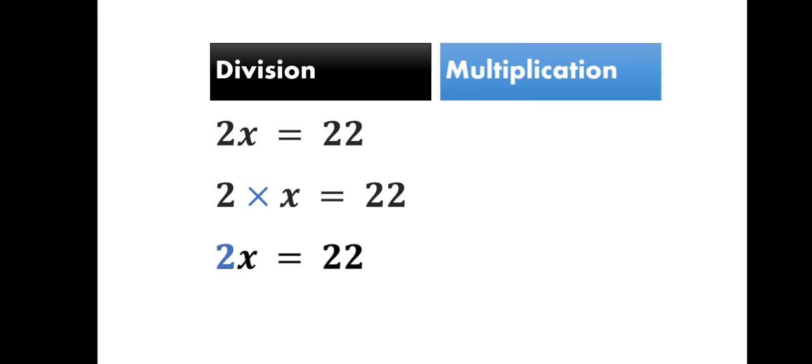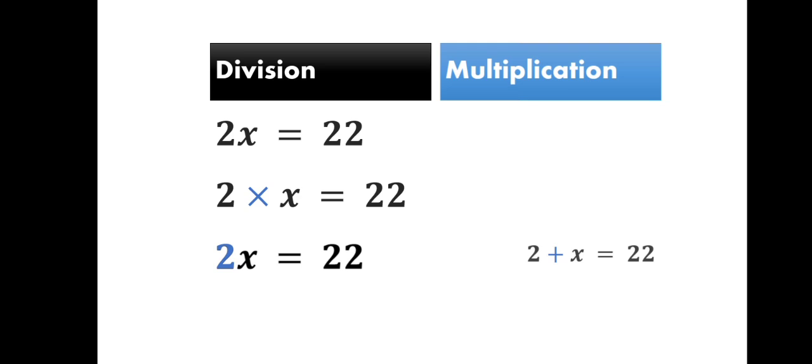Now I need to help some students here because I have seen some students make this mistake. Look at the equation on our right hand side, which is 2 plus x equals 22. Here we cannot consider 2 as a coefficient, because what binds 2 and x together is plus. For a number to be taken as a coefficient, what binds that number to an alphabet has to be multiplication.